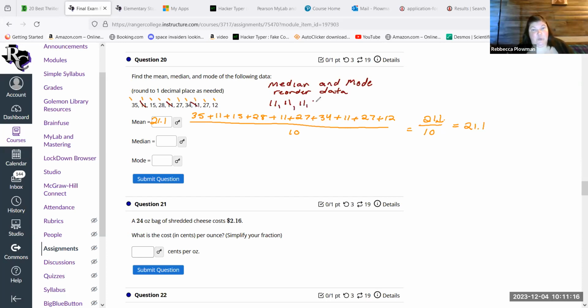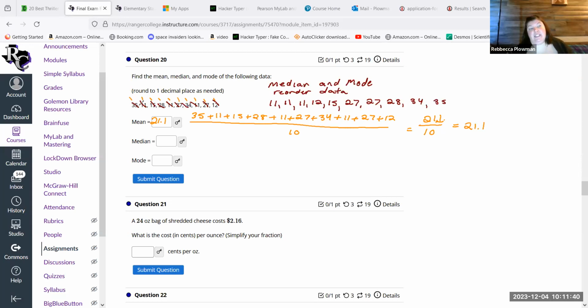Then I have a 12. I only have one of those, it appears. I only have one 15. And then the next smallest number I have is 27. We have 2 of those. Then we have a 28, a 34, and a 35.